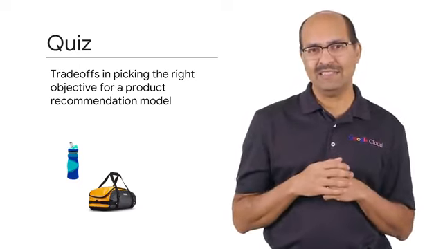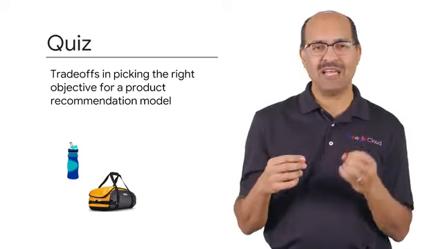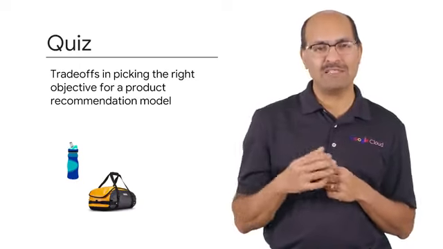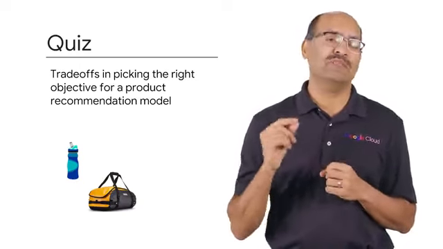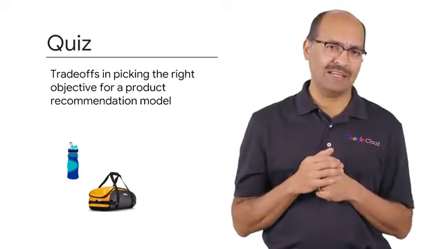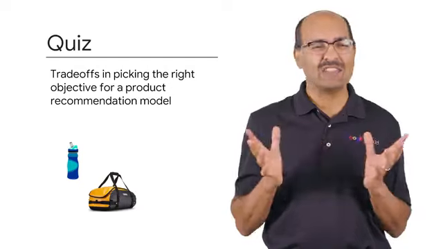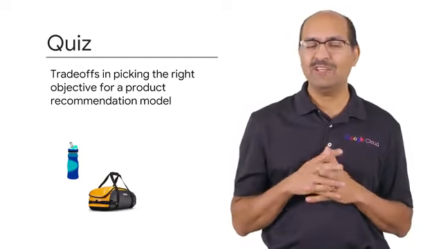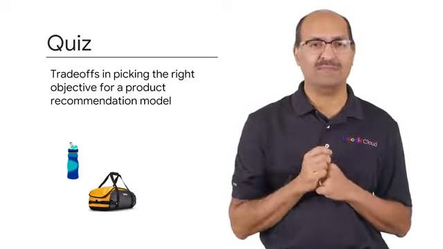In the activity, you will have to match up an objective that the model is optimizing for and the resulting outcome. Let's say you're running a retail website where you're selling lots of different items. You want to recommend products.